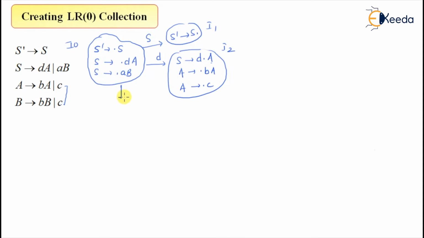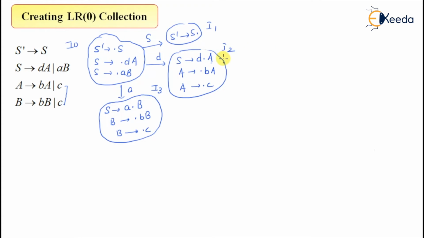On input small a, this will become S derives a dot B, and the B productions will be B derives dot bB and B derives dot c. Later they were included, but in the first state there was no such situation, and we have not included these symbols there.